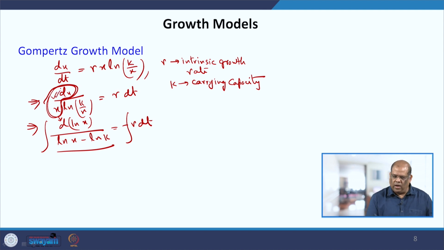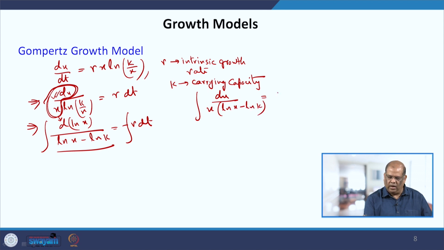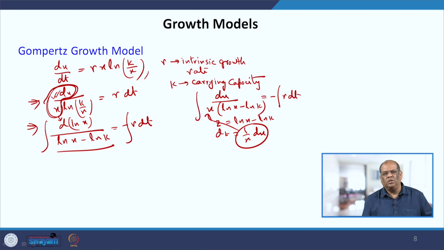Or otherwise, you can write this as integration dx by x, then ln x minus ln k with a negative sign, it will go to minus r dt, and then substitute z equal to ln x minus ln k, your dz is going to be 1 by x dx. So, that is how you do the substitution.